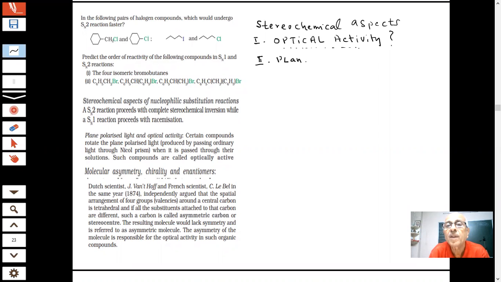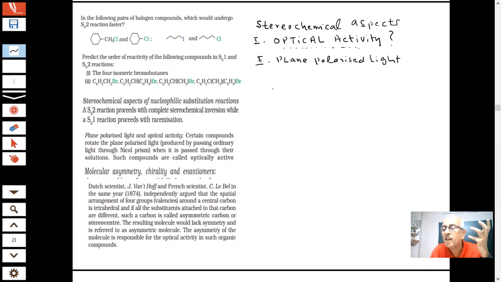What is plane polarized light? If there is an ordinary light, the vibrations are taking place in all the directions.